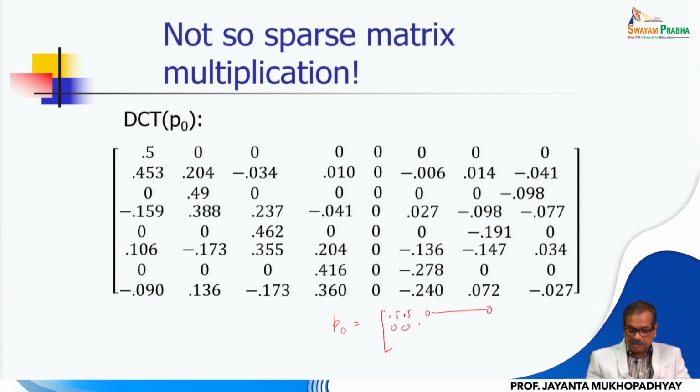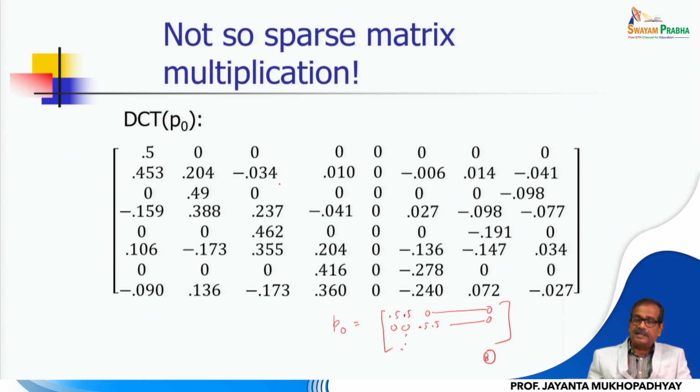Similarly, 0, 0, then 0.5, 0.5, all zeros. Most of them are zeros and only 2 to 4 to 8 non-zero elements. In this case, it is much more, which means your multiplication and addition is not going to be reduced, and in fact it can be shown it is almost the same.